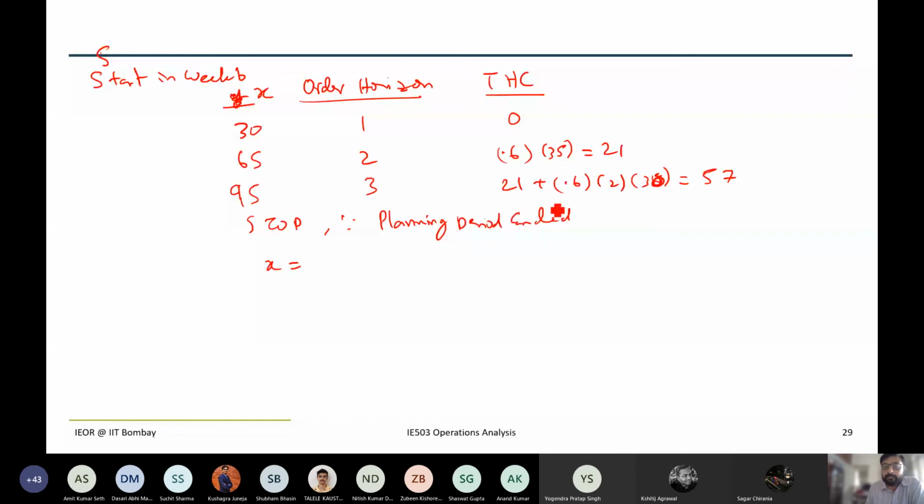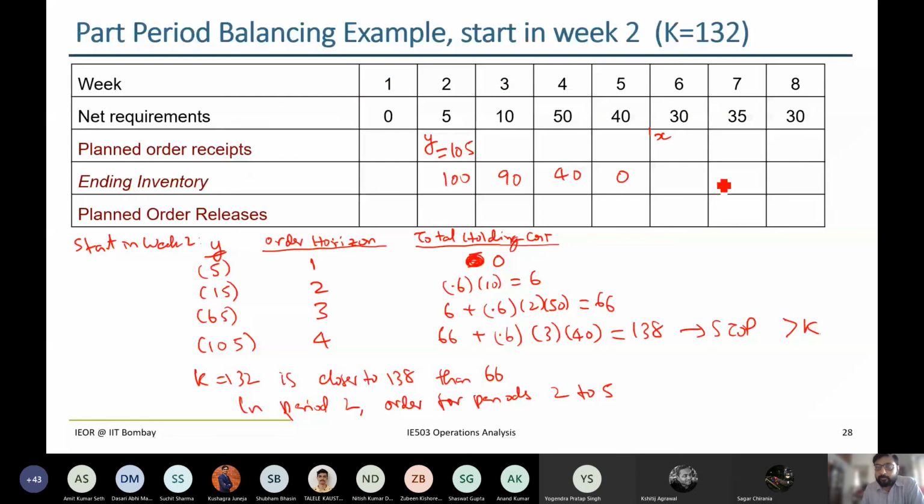So still I'm less than the setup cost. So just fix X equal to 95. Let's go back and fix this X equal to 95. That means I consume 30 here, so I'll have 65 units left over here, 30 units here, and 0 units here. My planned order releases comes out to 105 and then 95 right here.